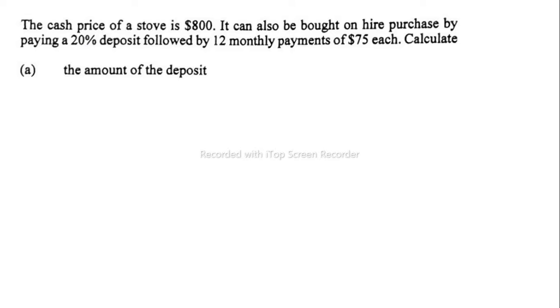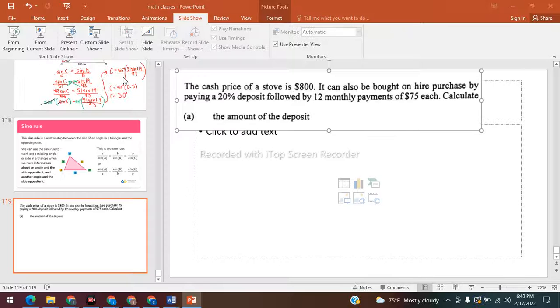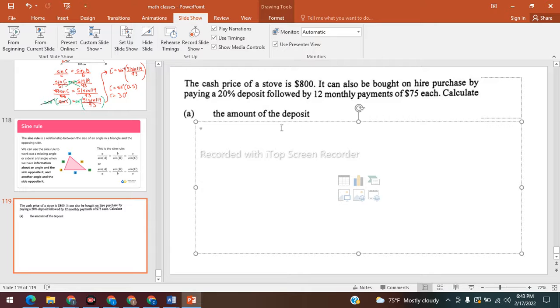800. Yeah, good. So they say, calculate the amount of the deposit. We know that the deposit equals 20% of, remember we like that big word of, 800, the cash price.